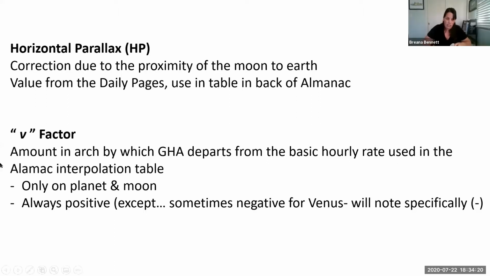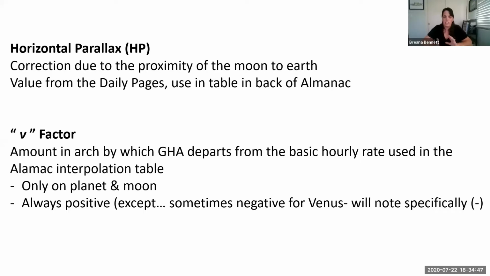And then the V factor, I still have no idea why it's V. I don't know what V stands for, but they call it the V factor. And that takes into account how the cycle of the planets and the moon is slightly different than the sun. Then that's the whole lunar day and sidereal day versus the solar day or the standard day.